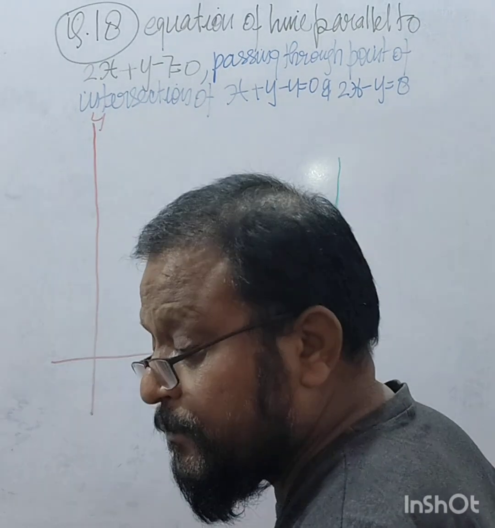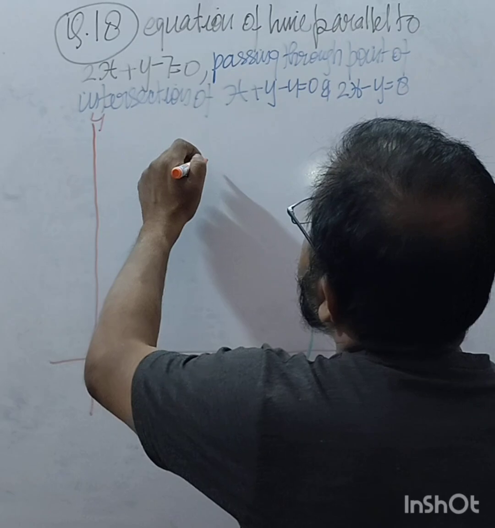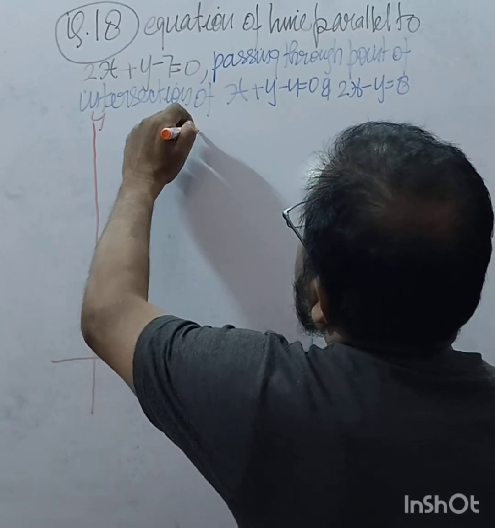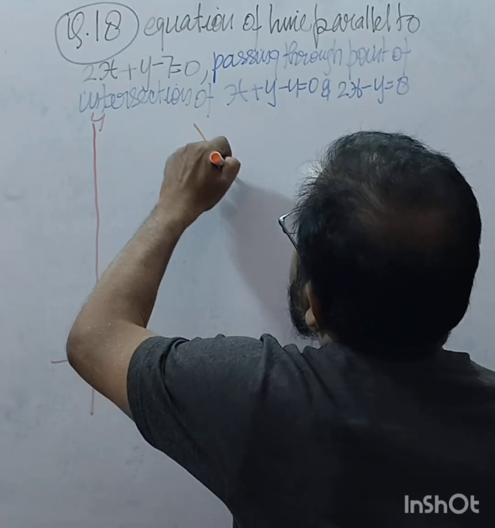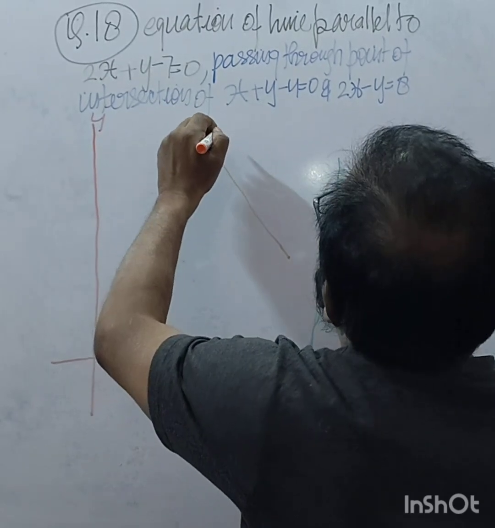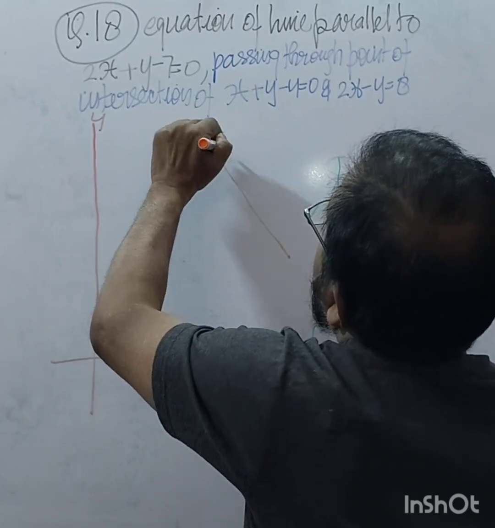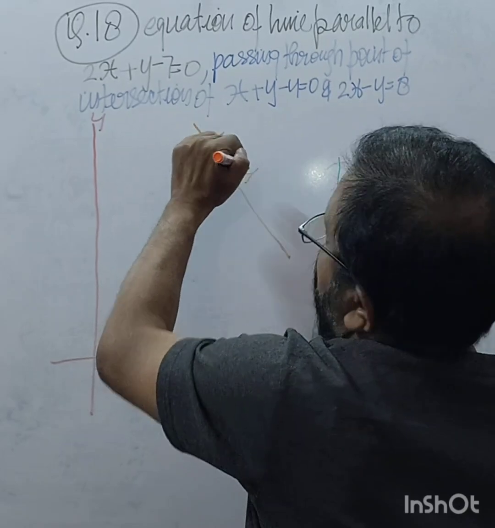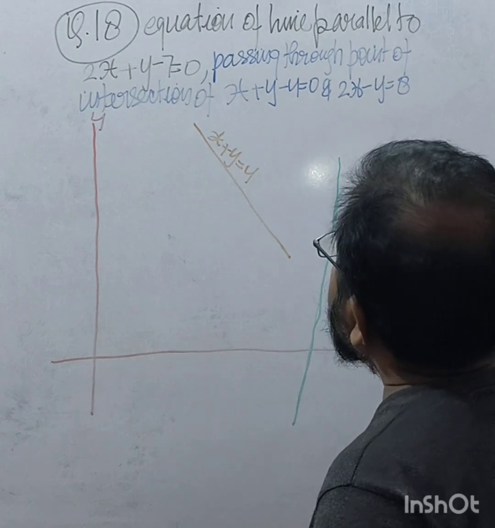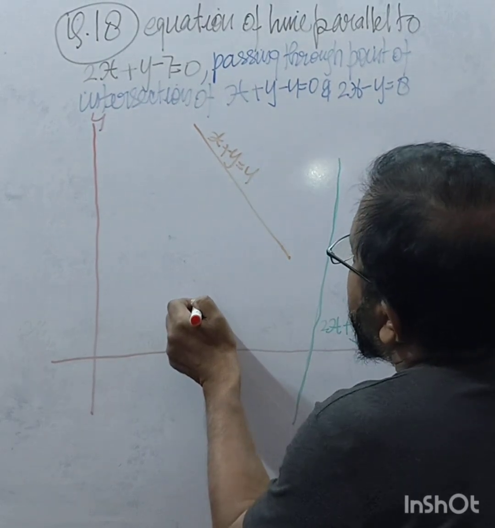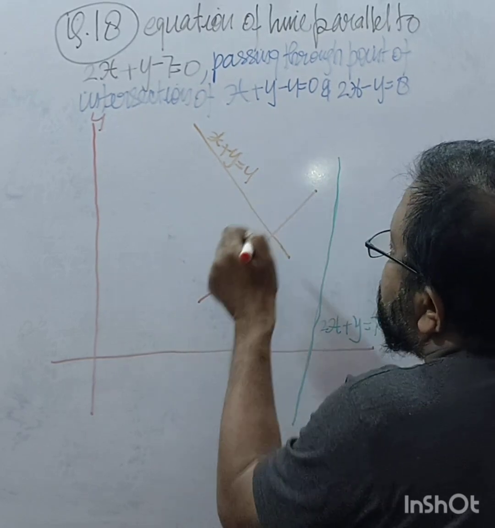And there is a line like this, that is x plus y is equal to 4, and another line like this.